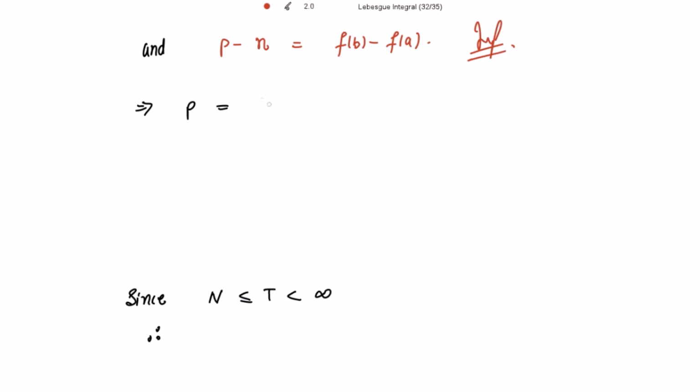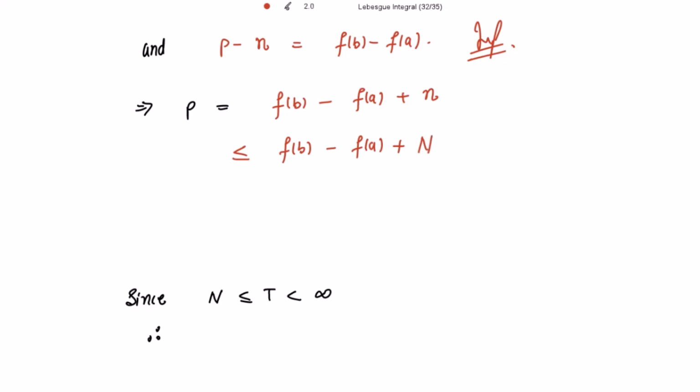So from here, if I take n to the other side, I will get p equals f(b) minus f(a) plus n. And because small n is less than or equal to capital N, because it is the supremum of small n, I can write this further as less than or equal to f(b) minus f(a) plus capital N. Yes.